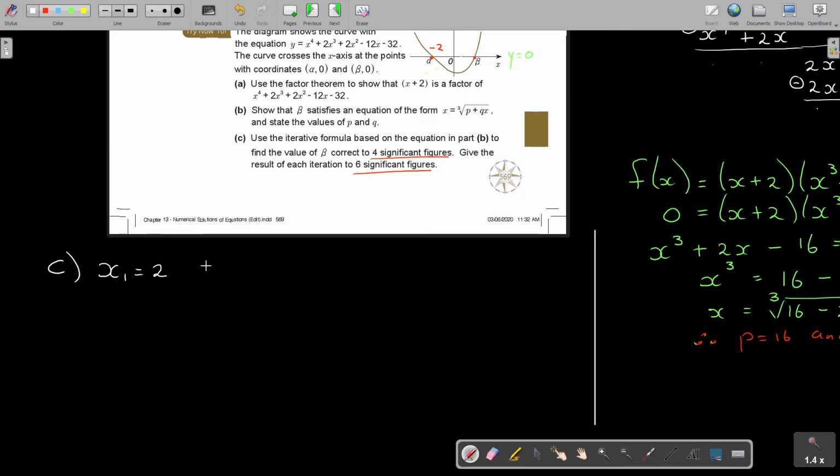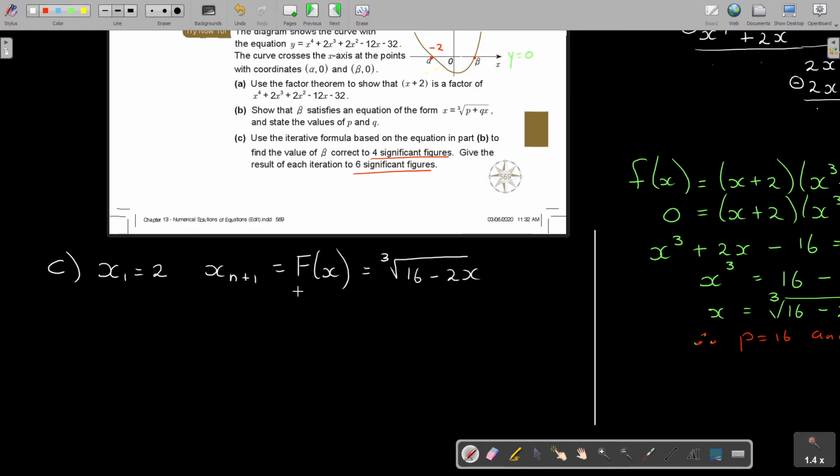What is my formula? It's x_(n+1) equals f(x), okay? And that is equal to, I have to fill it in, the cube root of 16 minus 2x.